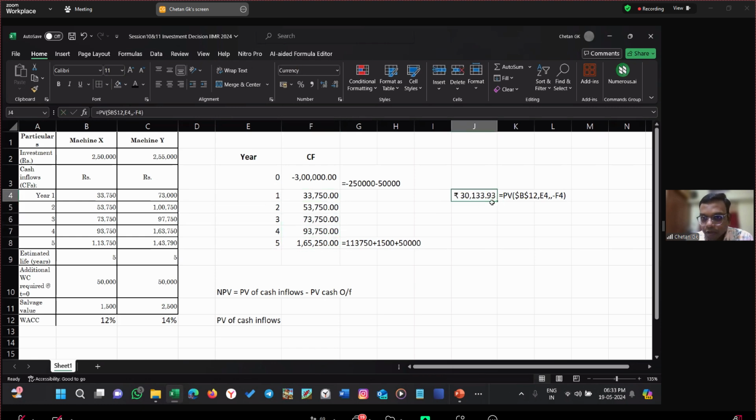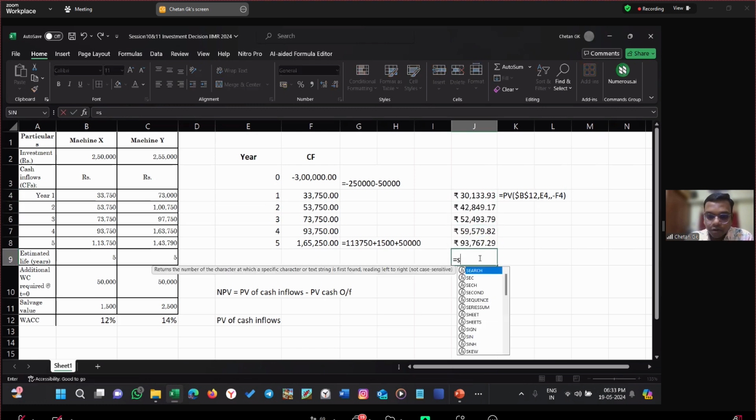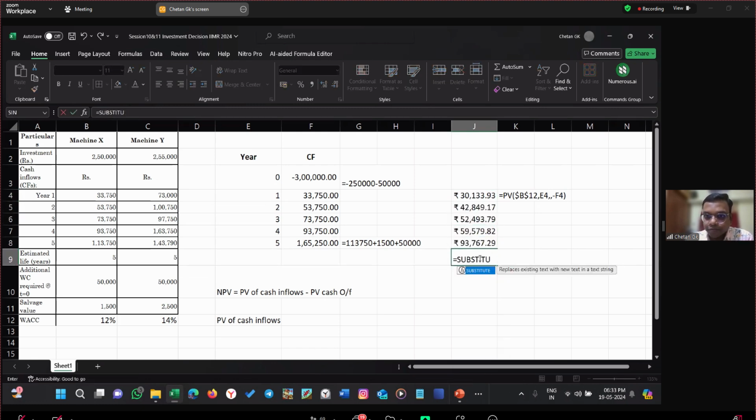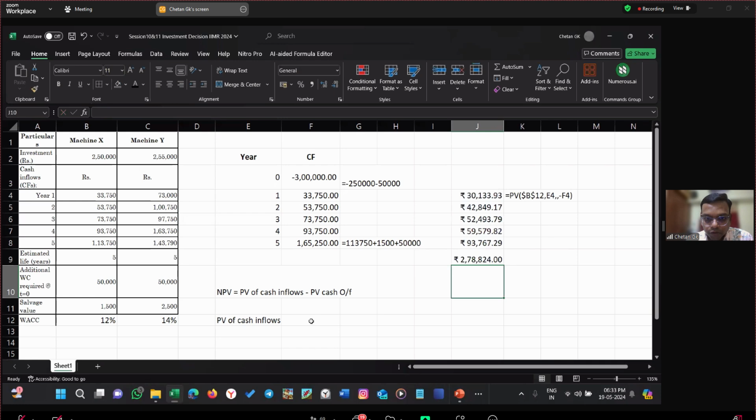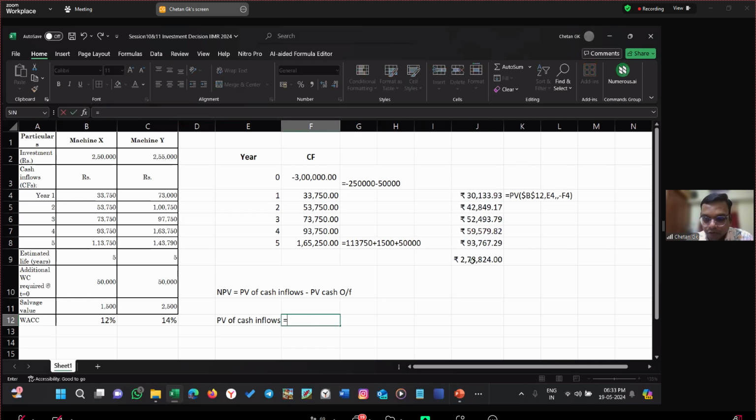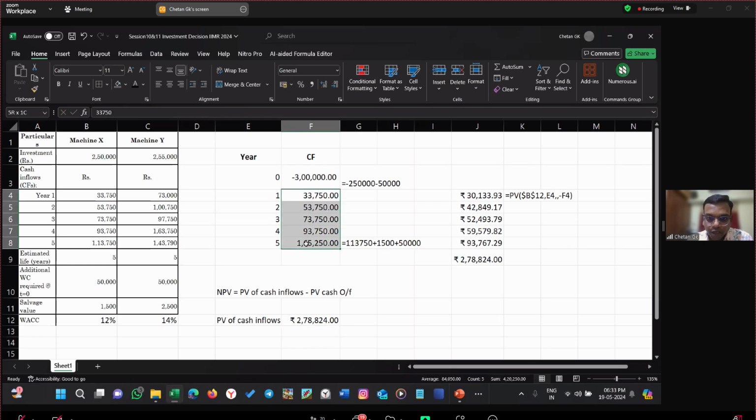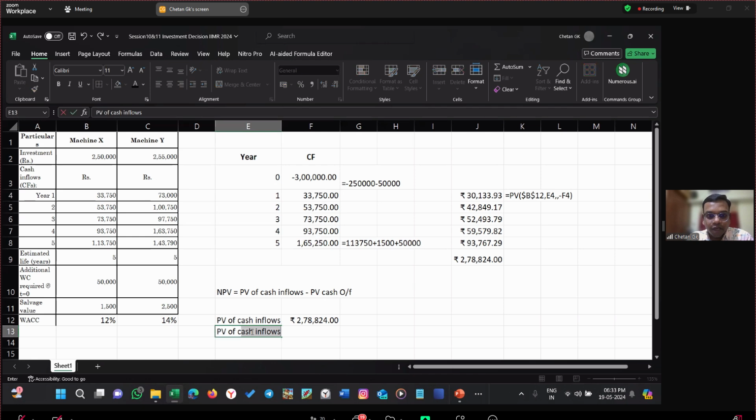What should I do? I just double click, or I have to drag this. So now I make a summation of this. This is my present value of cash inflows, the incremental cash flows. These are actually called what? Incremental cash inflows.